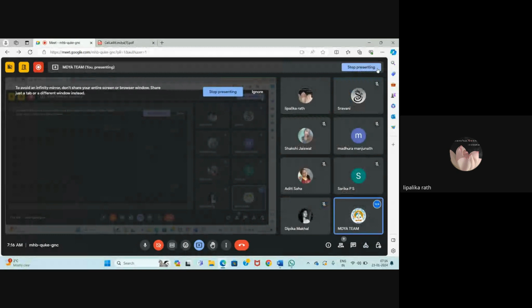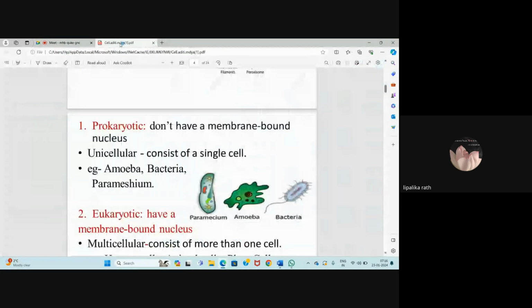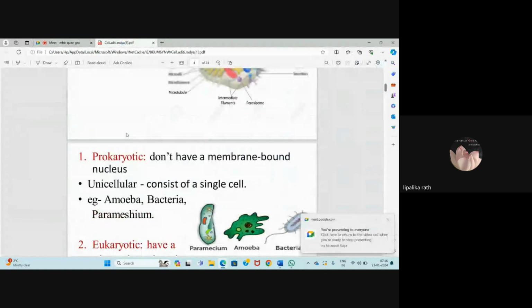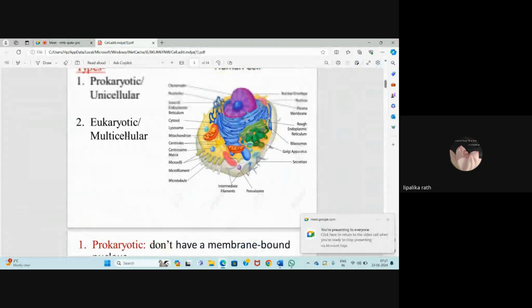Yes, ma'am. Prokaryotic have no nuclear boundary. Eukaryotic have a nuclear membrane and a cell membrane. Prokaryotic we can call unicellular, and eukaryotic have a cell membrane, but prokaryotic have no cell membrane.